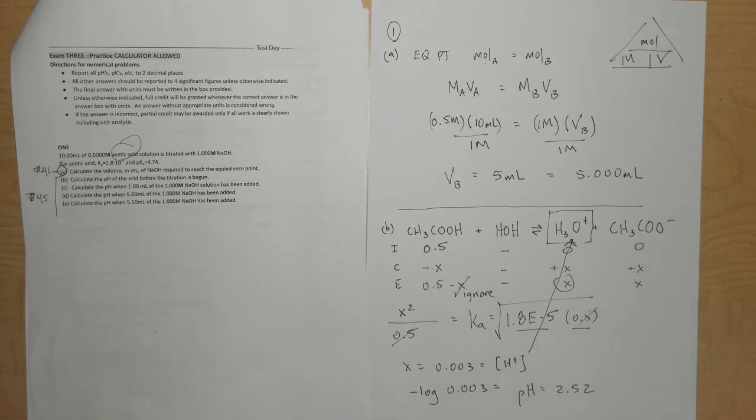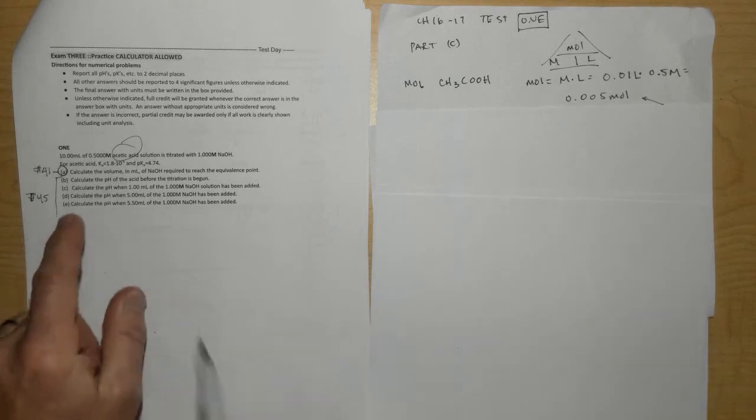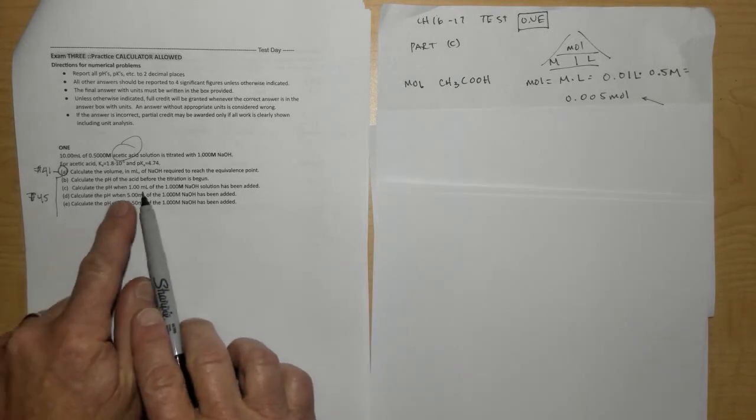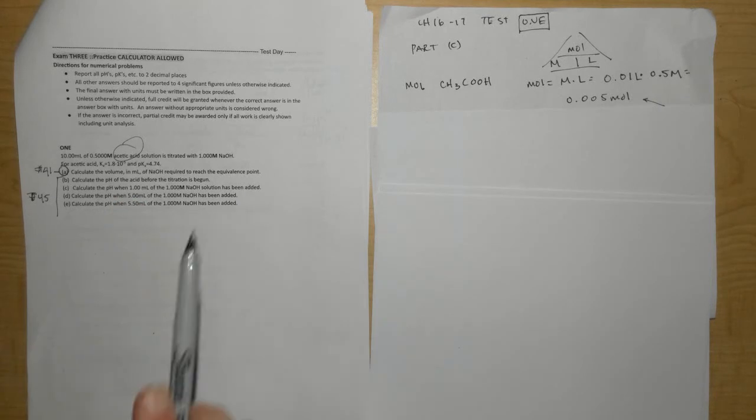Now we get to the little bit more challenging ones where we actually add some base to it as well. So going on to letter C now. It says, calculate the pH when 1 milliliter of the 1 molar NaOH solution has been added.